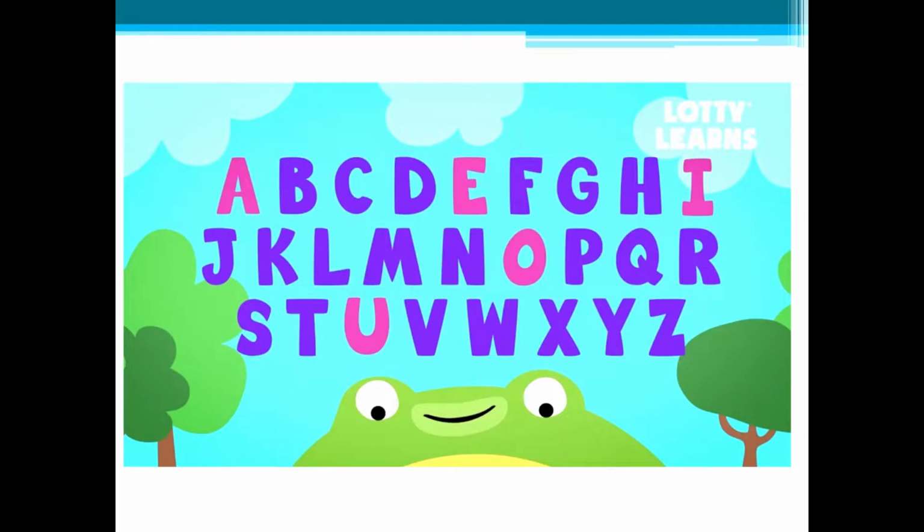Okay, now look at these letters. Can you see them written in two colors? Yes, some letters are written in pink color and the others are written in purple color. Okay, can you tell me which are the letters written in pink color?